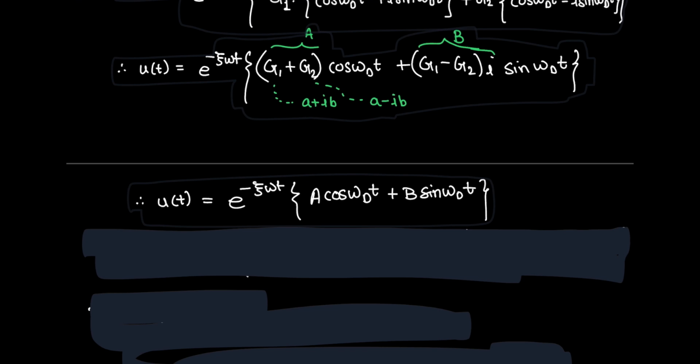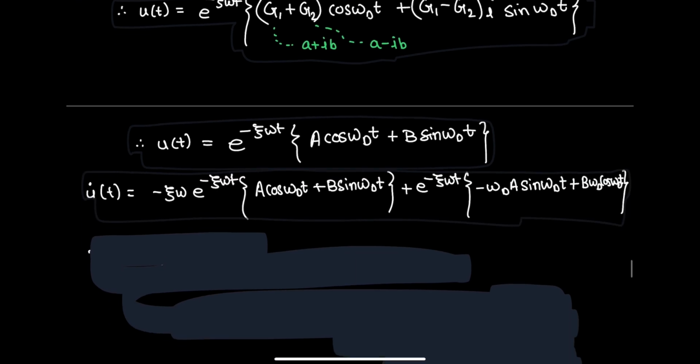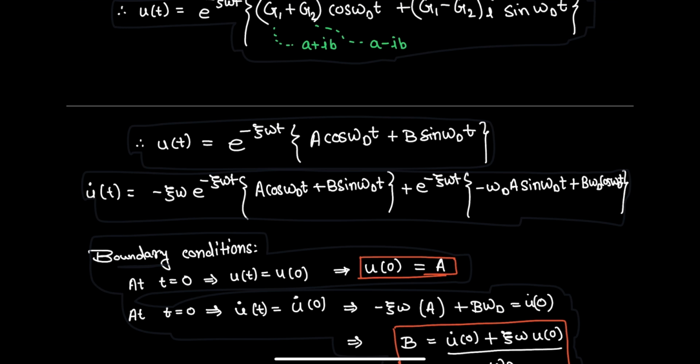Now this equation is the equation of the response of a damped or dissipative system. We can find the values of A and B by applying the boundary conditions. The boundary conditions tell us that at time t equal to 0, u of t is equal to u0.